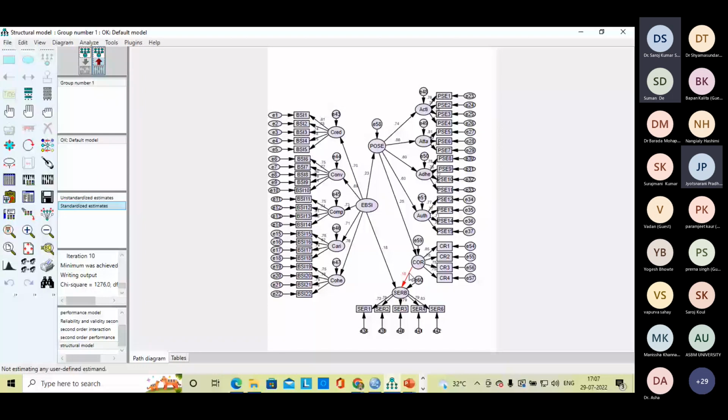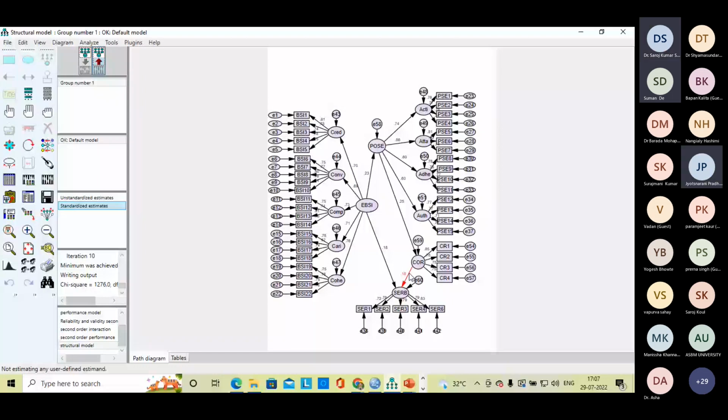The corporate reputation has an 18% impact on the sales employee retention. Why? The standardized regression weight is 0.18.